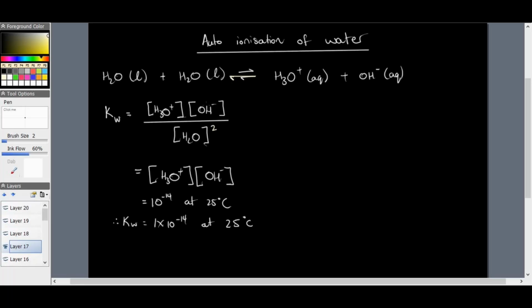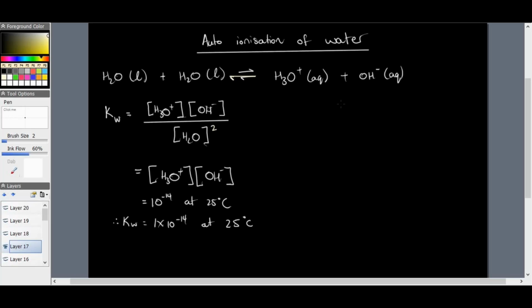Products over our reactants, the concentration of our products divided by the concentration of our reactants, which is the same for the equilibrium constant Kc, which we learnt in the previous section. So water follows a general equation: the concentration of H3O plus, multiplied by the concentration of hydroxide, OH minus, divided by the square of the concentration of water, H2O, of course.